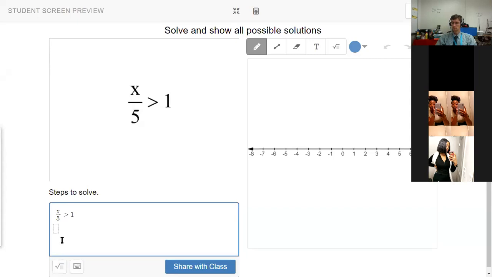So I do 5 times x over 5. It's greater than 1 times 5. So what happens over here is the 5's go away. 5 divided by 5, that's 1. So it's just a single 1.